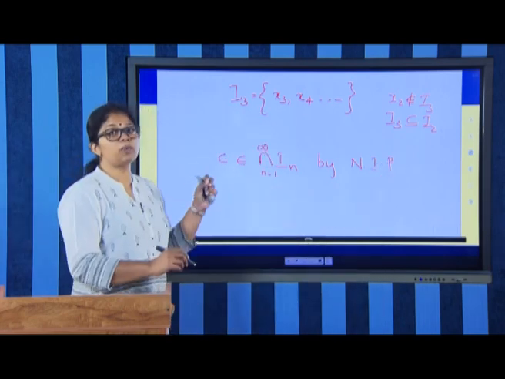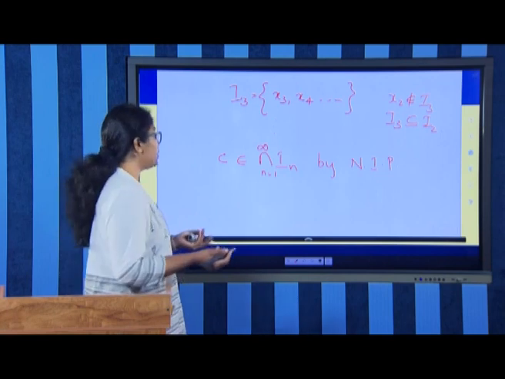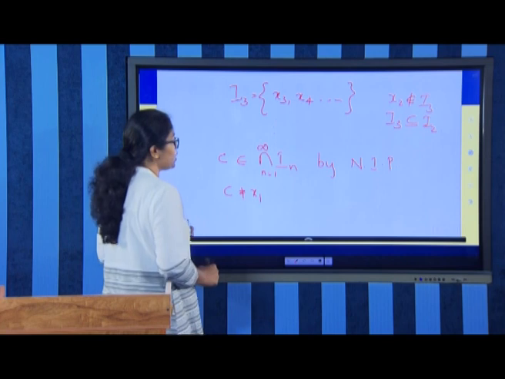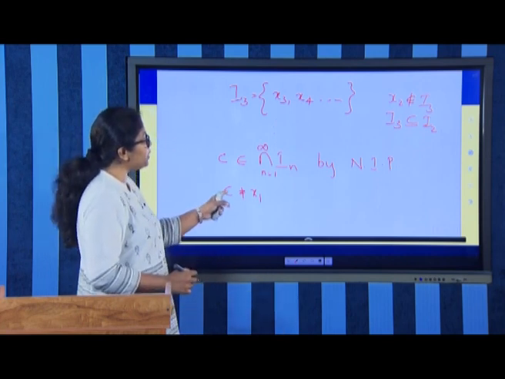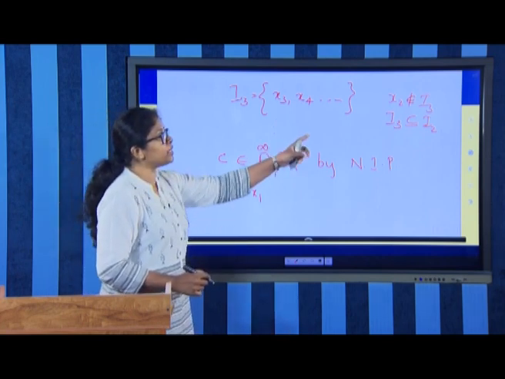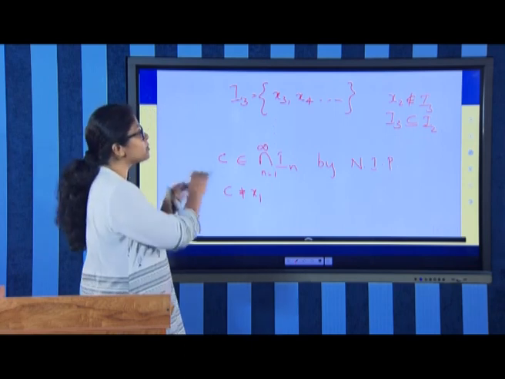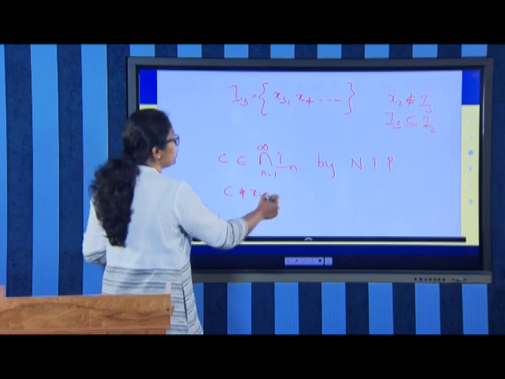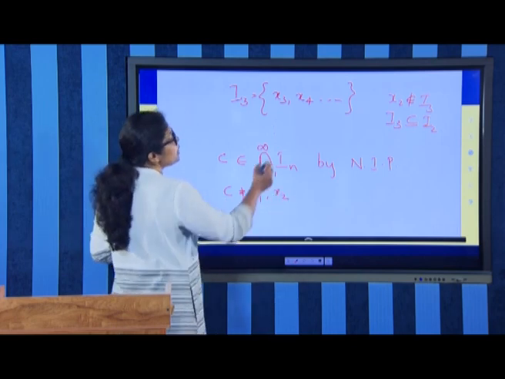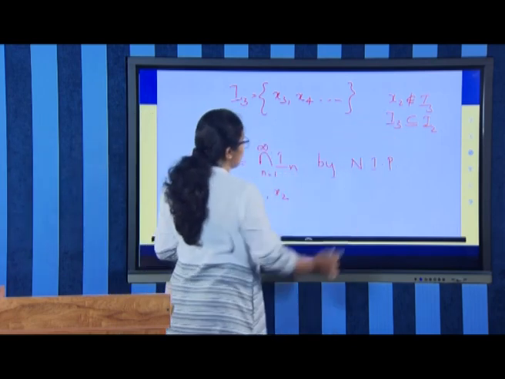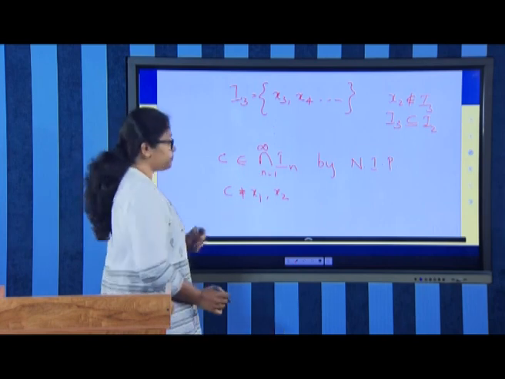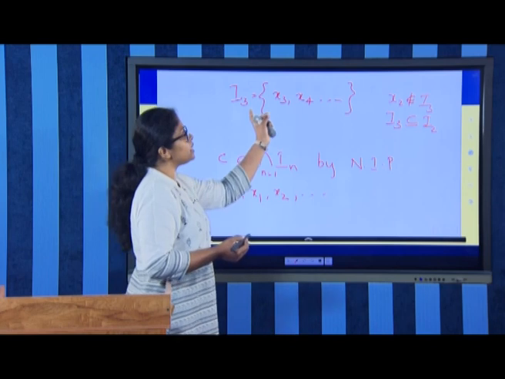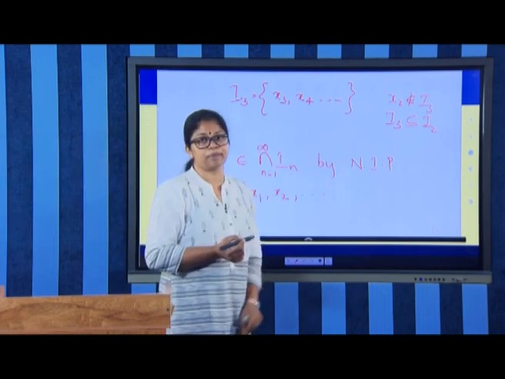Can C be equal to x1? No. C is not equal to x1. Why? Because C cannot be in I2, I3 and so on, because we have excluded x1 from I2. C cannot be equal to x2 because x2 is excluded from I3. So, it cannot be in the intersection, and likewise it cannot be any of these listed in this enumeration.